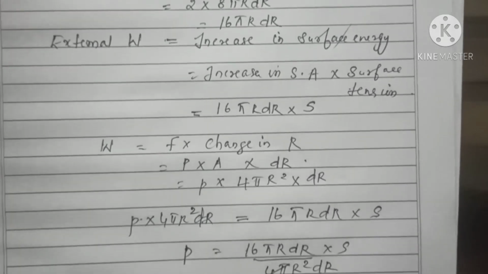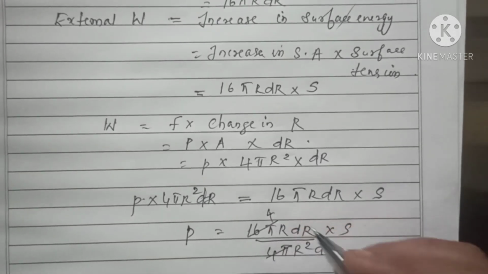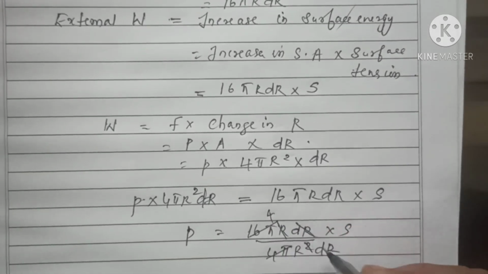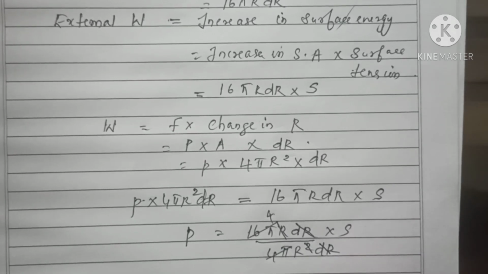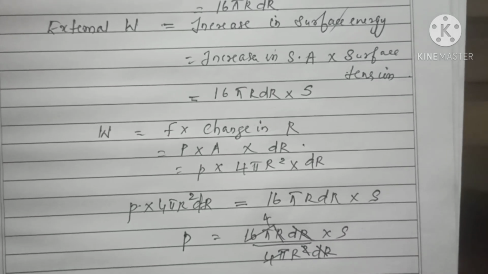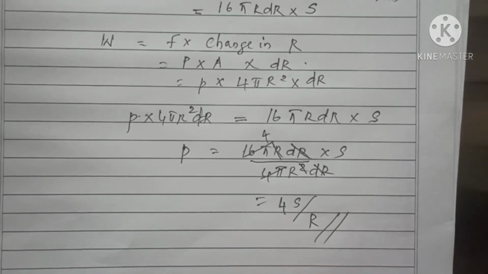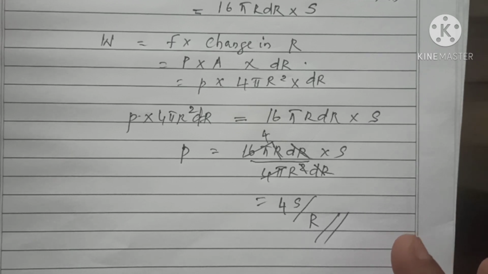So 4 pi and 16 pi will get cancelled, r and r squared dr. So the final expression is 4S by r. Clear? 4S by r. So the pressure difference inside a soap bubble, that is the excess pressure, is equal to 4S by r. So this is the case of a soap bubble.